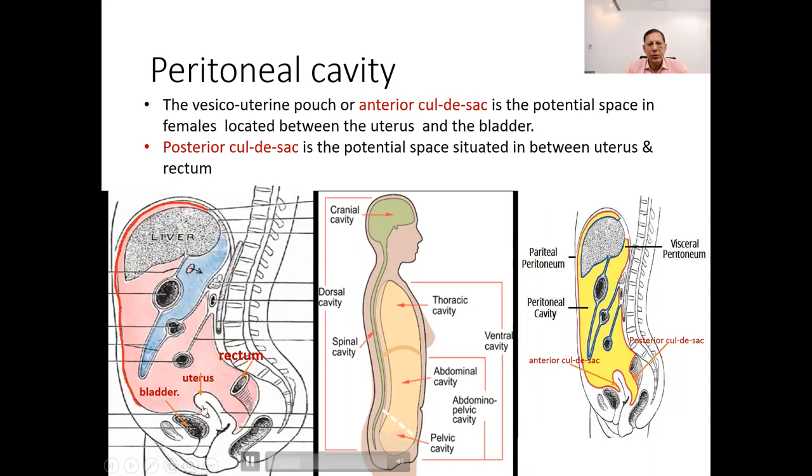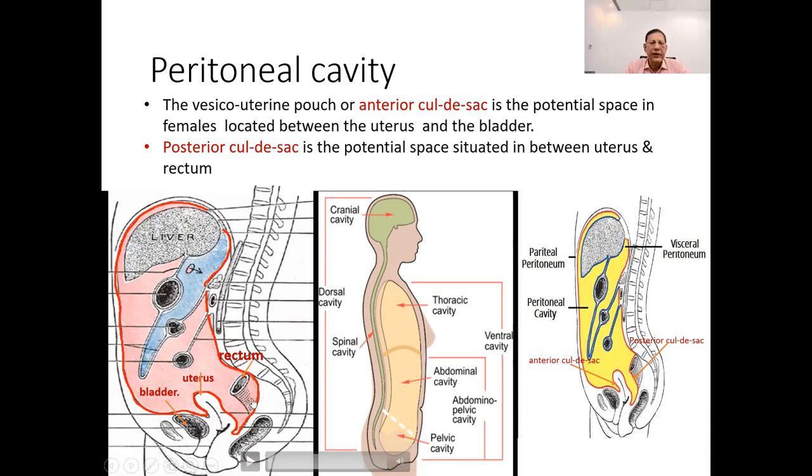And the potential space between the posterior wall of the uterus and the rectum is called the posterior cul-de-sac. In males, there is only a potential space between the posterior wall of the bladder and the anterior wall of the rectum, and this is just called the vesicorectal space.